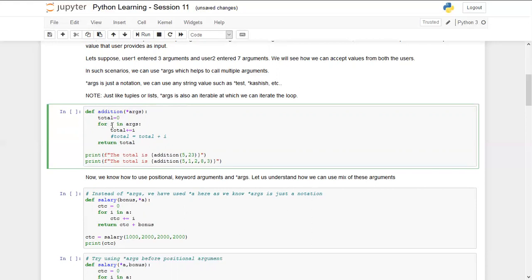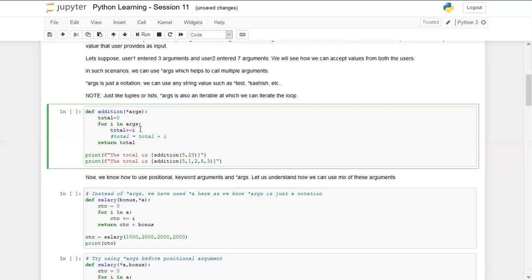Then under the for loop, we are iterating through each of the values that will be passed in args, and adding the value of each argument into total. So total is equal to total plus i. This is the assignment operator that I have used.